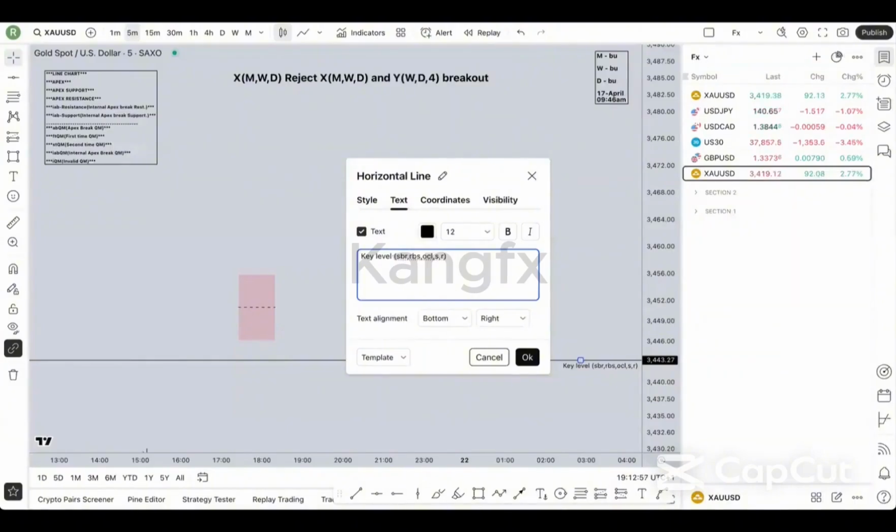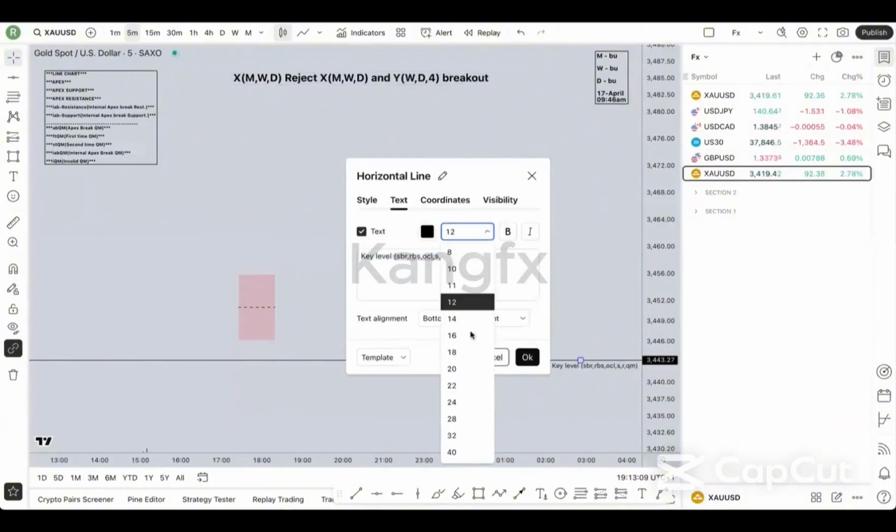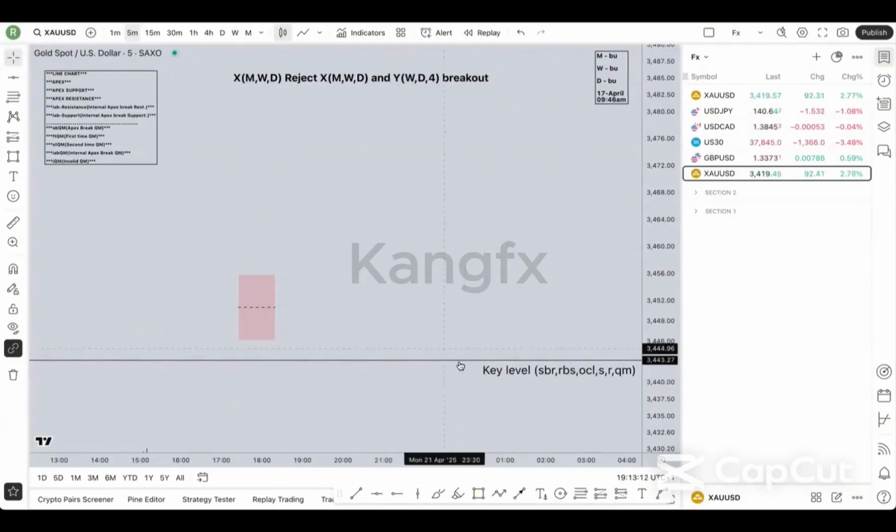That's all right. It can be QM. Now, these are the key levels which we have. So this key level can be any of these.